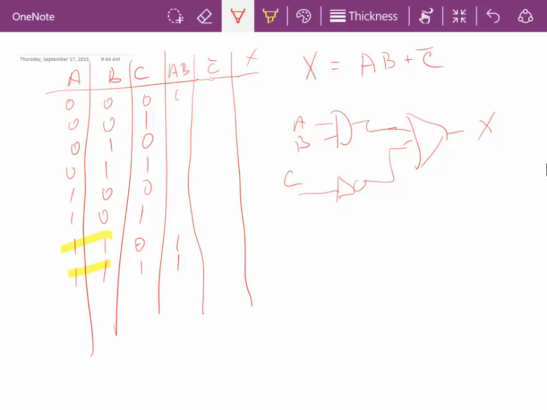So we go ahead and put zeros in there. And then we do the not C. The not C is basically going to be this column inverted, so this is going to be 1 0 1 0 1 0 1 0.